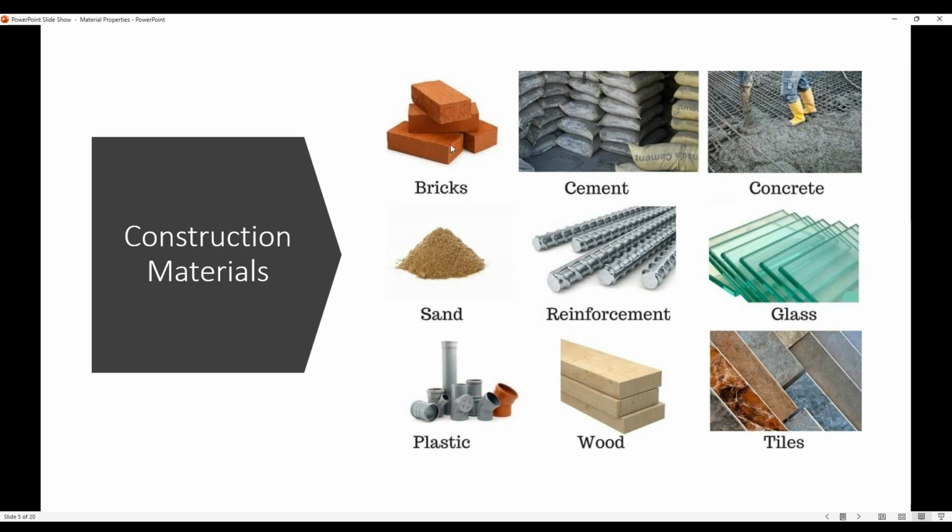Bricks are very hard, right? Cement, concrete, sand, reinforcement steel, glass, plastic, wood, and tiles. These are different materials that we use for construction. Do they all have the same properties? No, they have different properties.